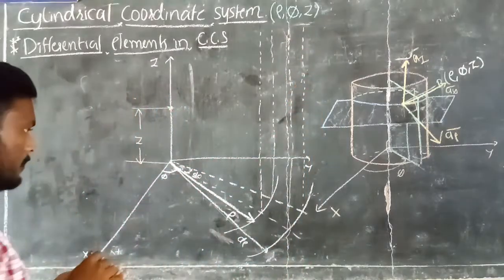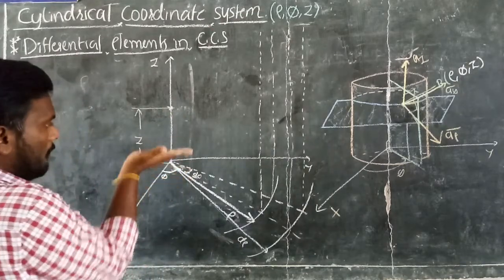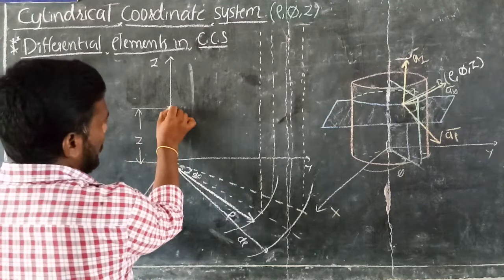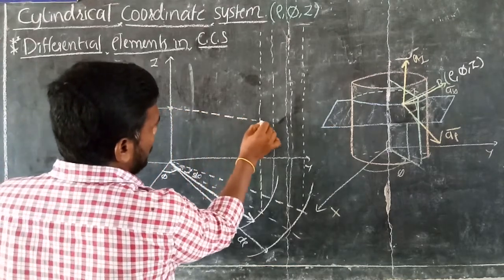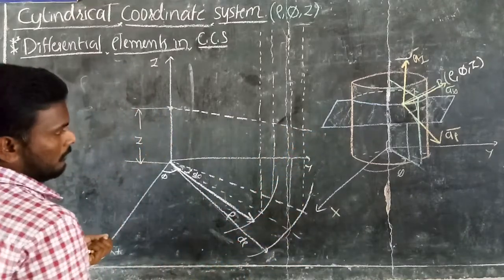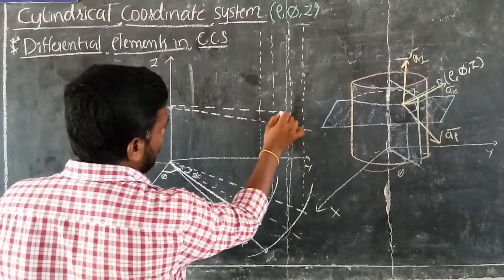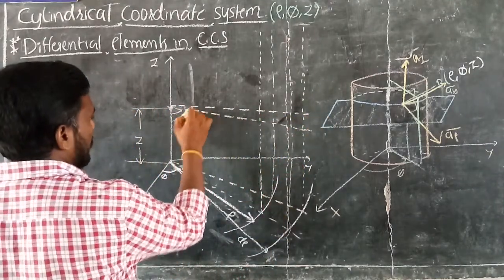Now draw the same lines here, just above the xy plane. So it has this phi and this phi plus d phi.